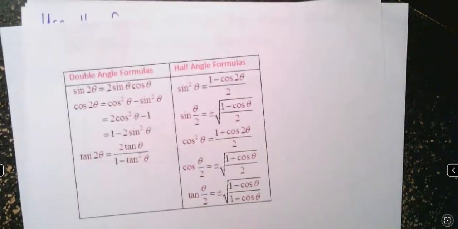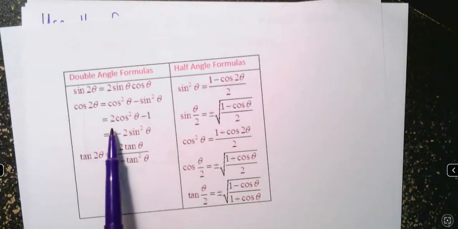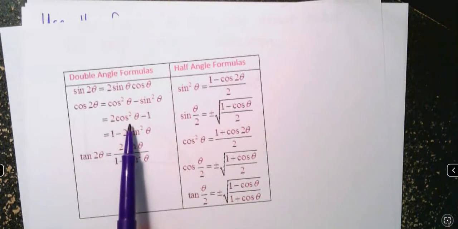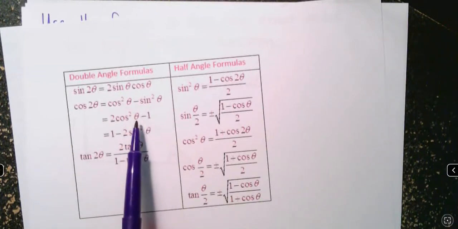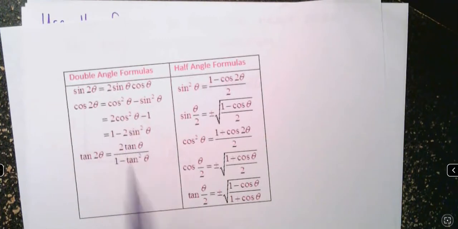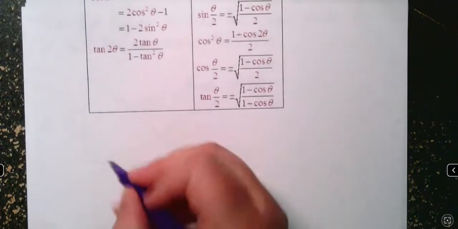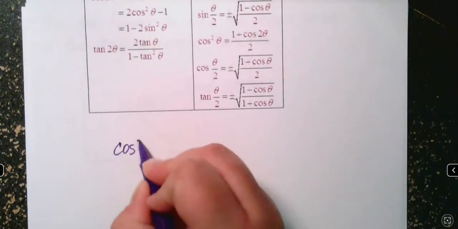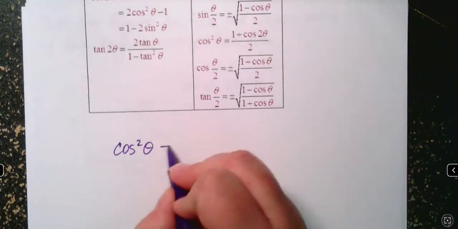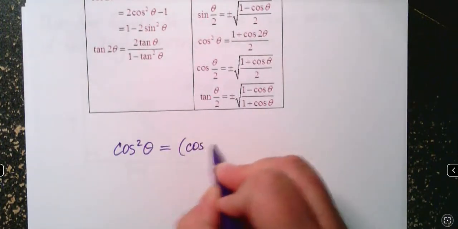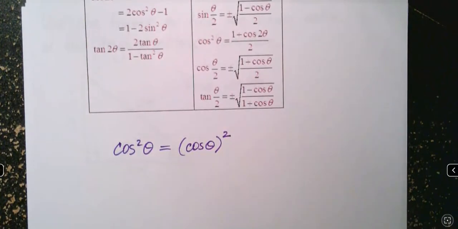Let's say cosine 2 theta is equal to 2 times the cosine of theta squared minus 1. Now, theta is not squared. The whole cosine of theta is squared. One thing you have to remember is that this is a notation thing: what it really means is you're taking the whole cosine of theta and squaring it.